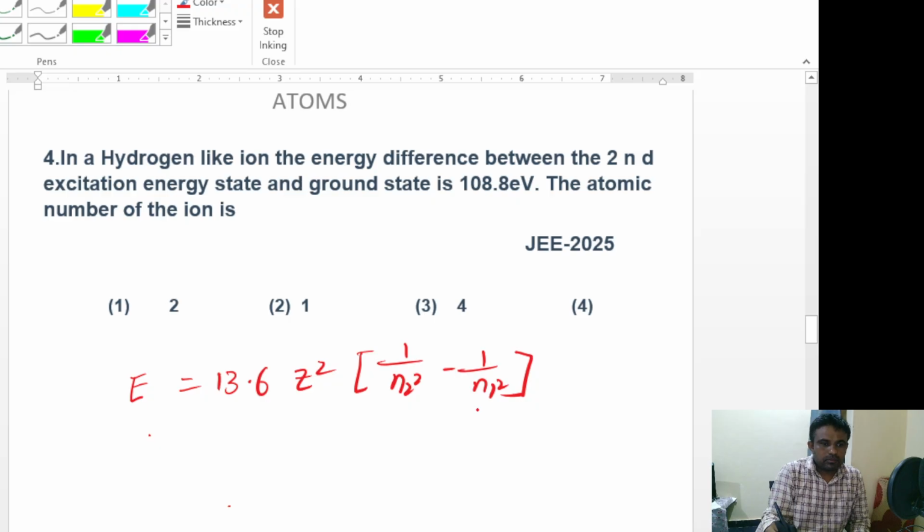So where N1 is equal to 1, and N2 is equal to 3 for the second excited state.